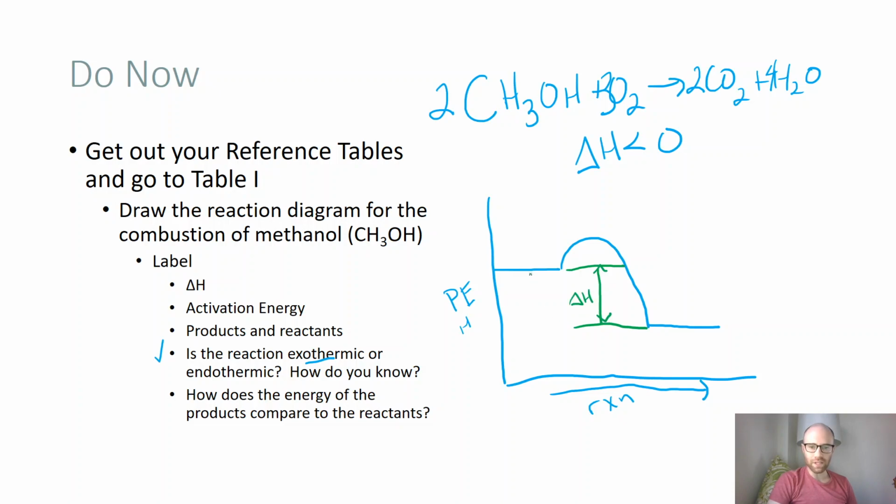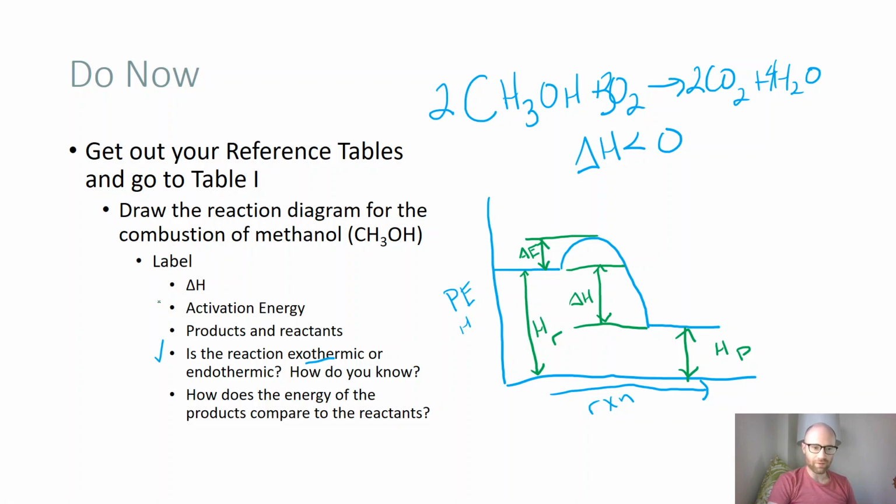The energy of the products should be this height here, from 0 to the products. From 0 to the reactants over here is the heat of the reactants, the energy of the reactants, and then the amount of energy it takes to get from your starting point up to the highest point is going to be your activation energy here.